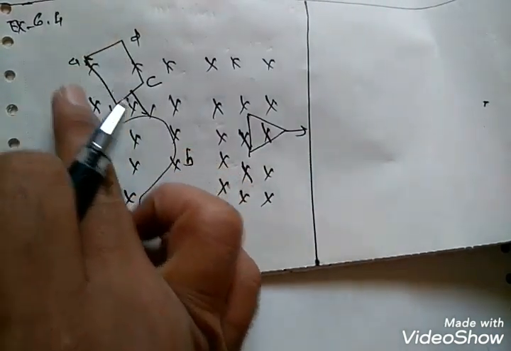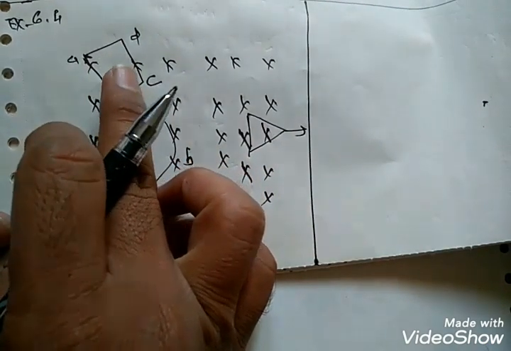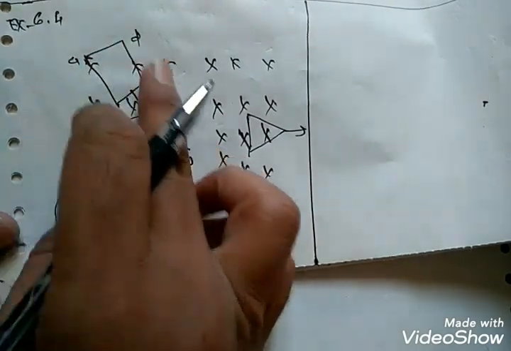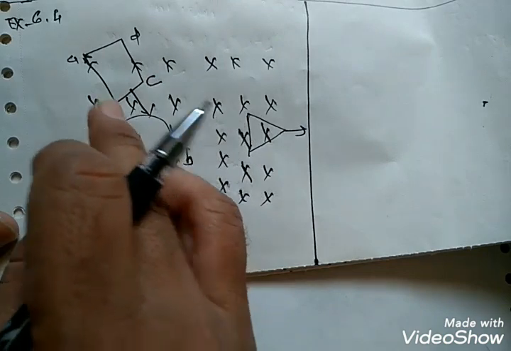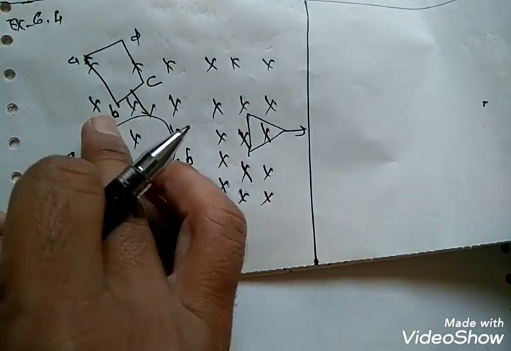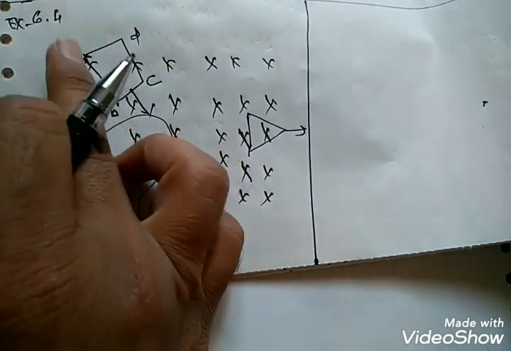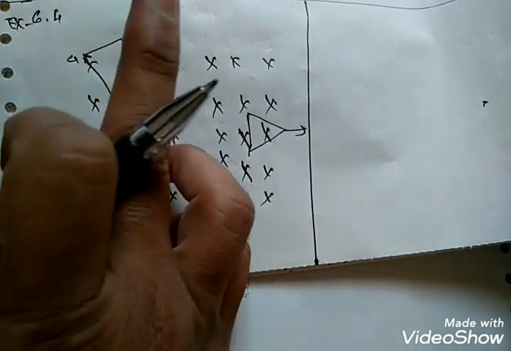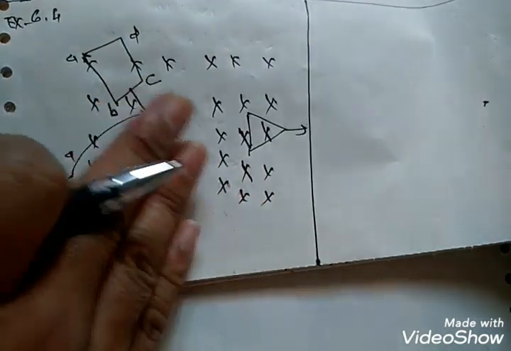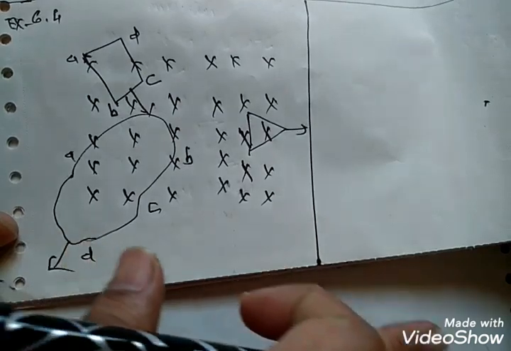Now in the first figure, consider the magnetic flux through the rectangular loop ABCD. In this case, the flux through ABCD increases due to the motion of the loop into the magnetic field.